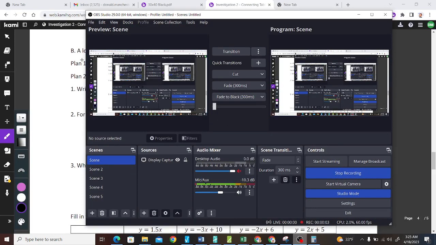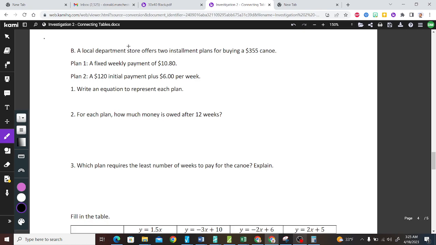All right, page 4. Same situation, but this time we're buying a canoe for $355. So we're old pros at this. The equation for it is y equals 355 minus 10.8x.